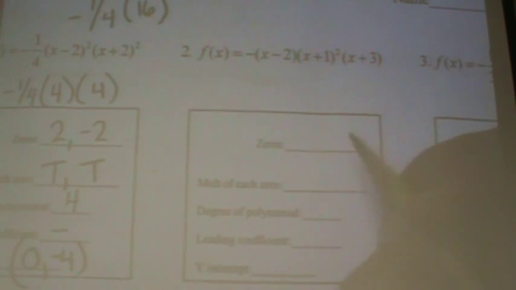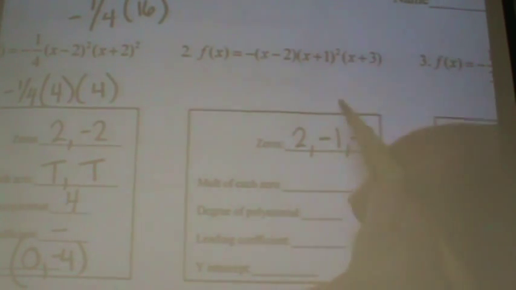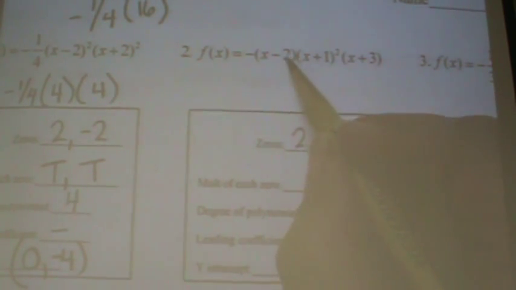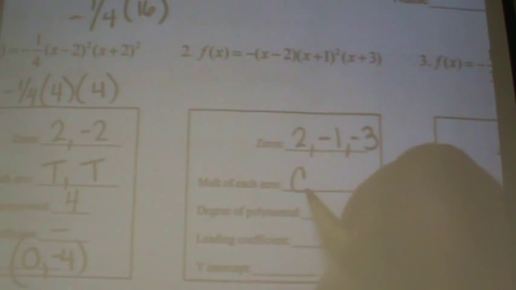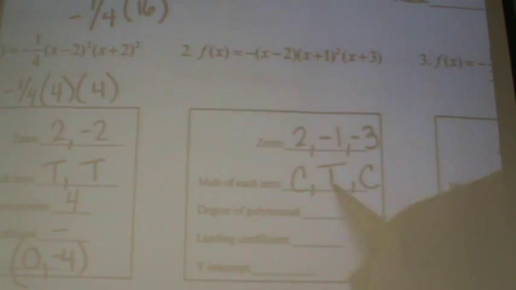Number 2, your zeros are 2, negative 1, and negative 3. The multiplicity of each one, that's odd, so it's going to cross through at 2. This is even, so it's going to touch at negative 1, and it's going to cross through at negative 3. The degree of this polynomial is 4, and the leading coefficient is negative.